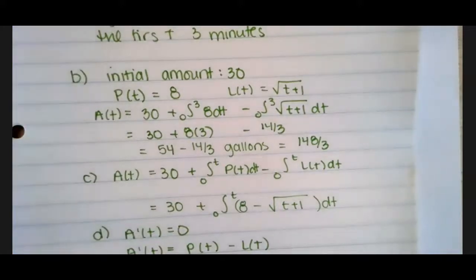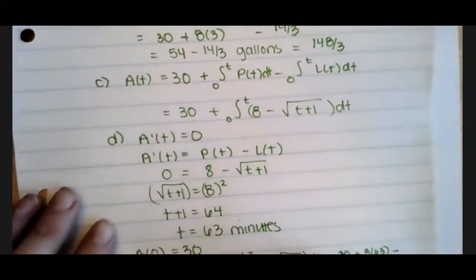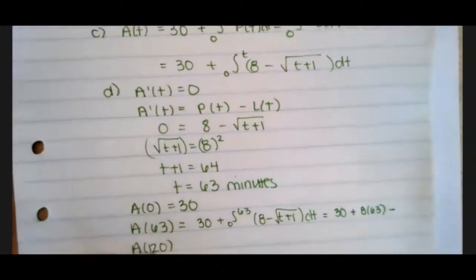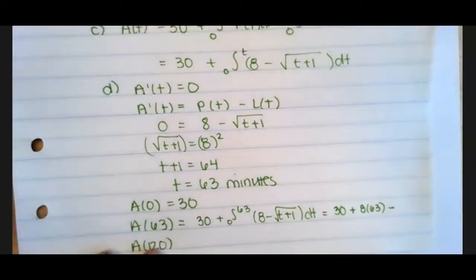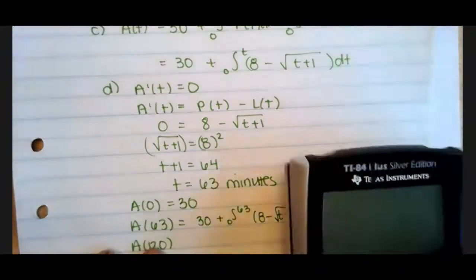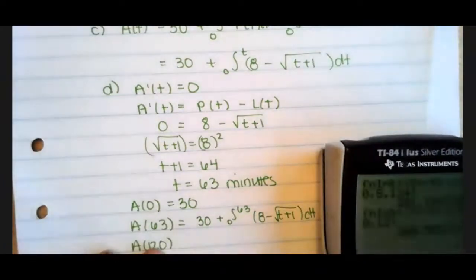To be honest, this would probably be a calculator question once it got to this point. So, not to waste your time, we'll just do it on a calculator. I'd do 30 plus math 9, 8 minus the square root of x plus 1.